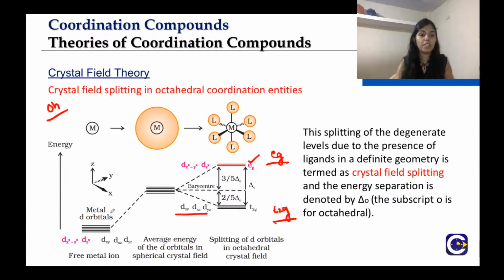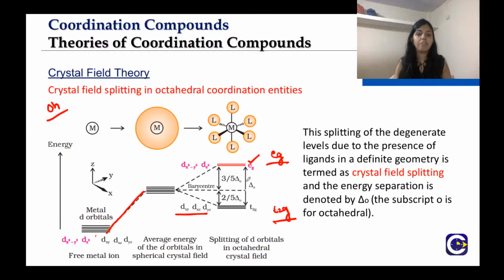Okay, so here you can see these are the metal d orbitals, right? When the crystal field is spherical, the energy of the d orbitals is raised and then they finally split into two sets of orbitals, that is Eg and T2g. In octahedral complexes, Eg will come upwards and T2g will come downwards.